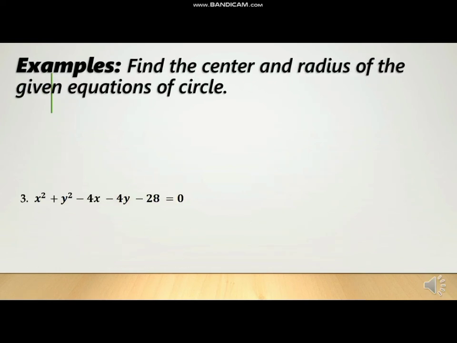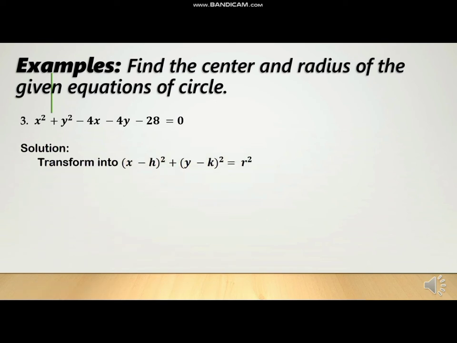Example number 3. Ito na ngayon yung naka-general form. X squared plus y squared minus 4x minus 4y minus 28 equals 0. So, ang gagawin nyo ay itatransform ninyo into standard form, which is the square of x minus h plus the square of y minus k equals r squared.